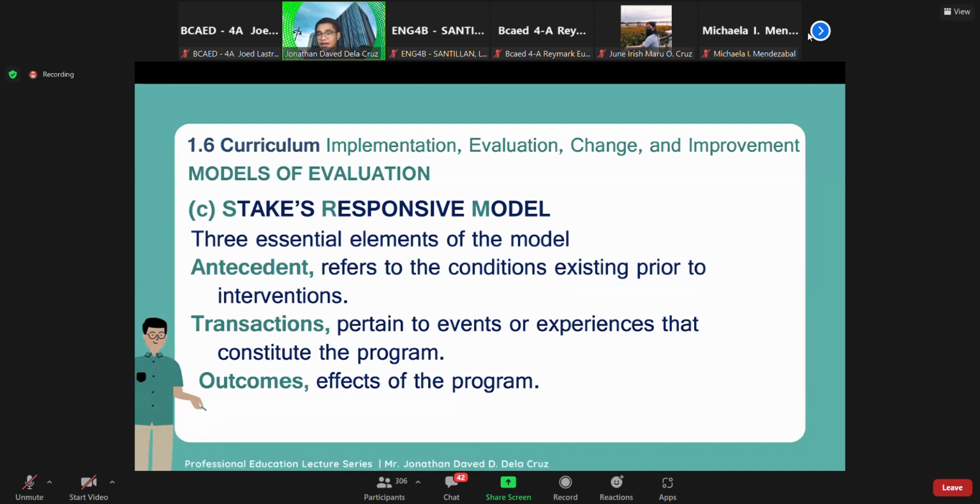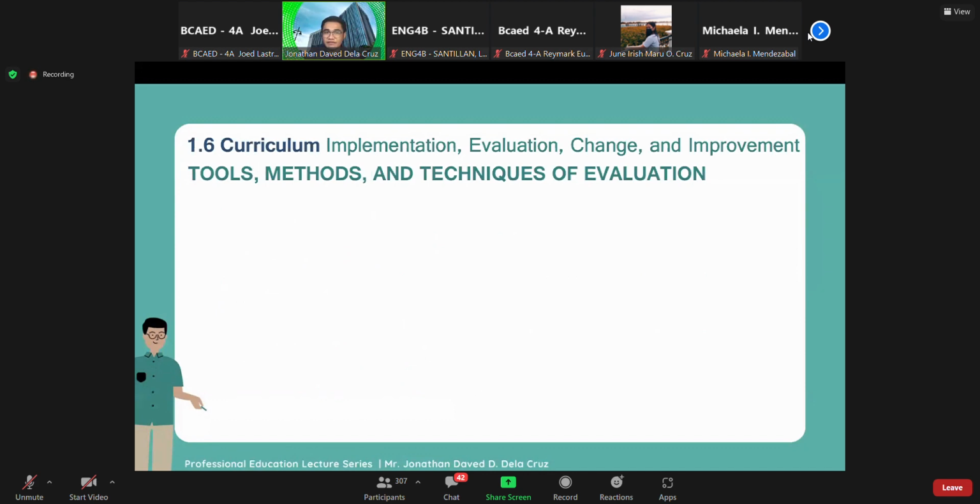Tatlo lang yung elements ng model niya. Antecedent, ito yung before the curriculum change, and then transition pertains to the experiences that constitute the program, and then outcomes para ma-compare mo yung before and after the curriculum implementation. So assessment lang yan ng past and future curriculum.